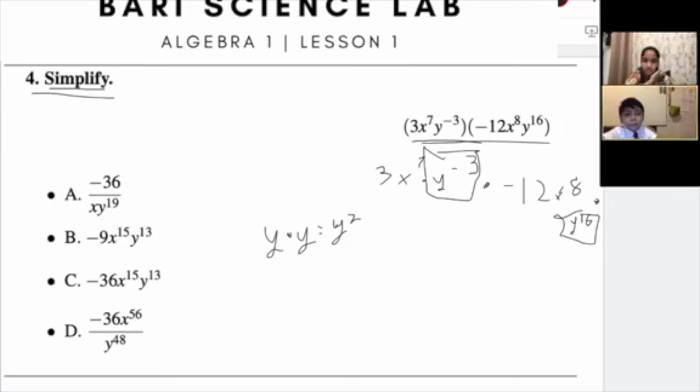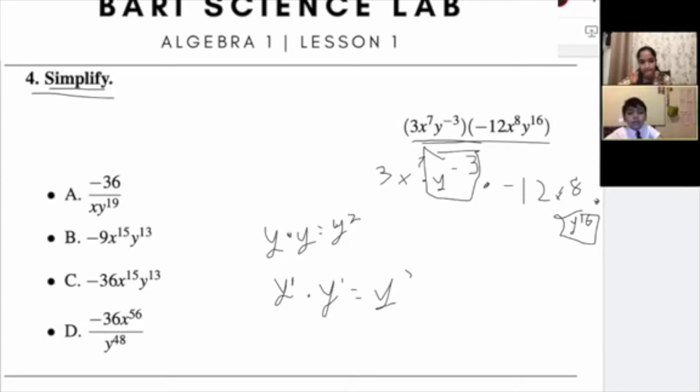Now, this is because these y's aren't just y's. These y's are y's to the power of 1. y to the power of 1 is just y multiplied 1 time, so just y. So y to the 1 times y to the 1 equals y squared.